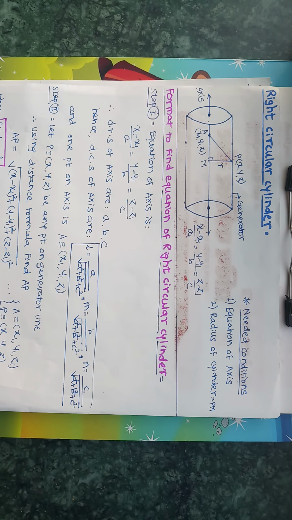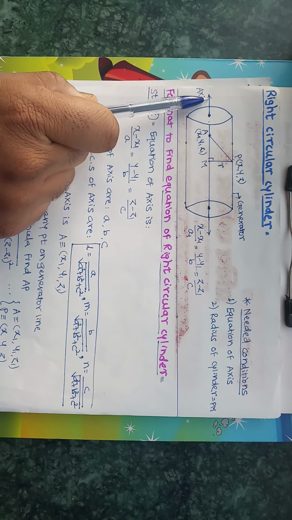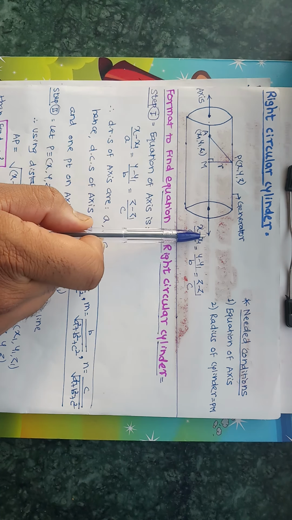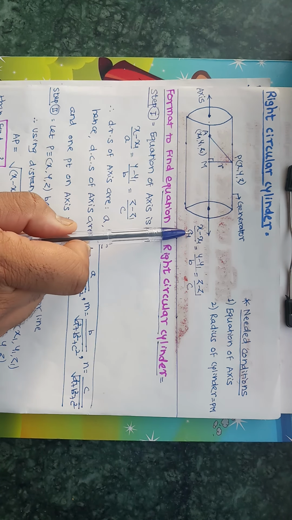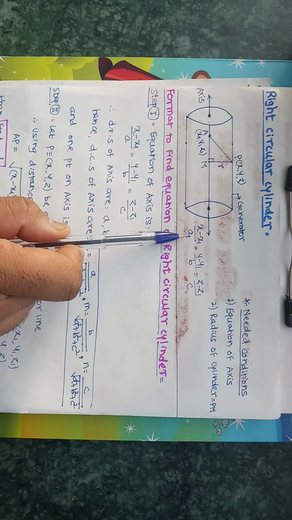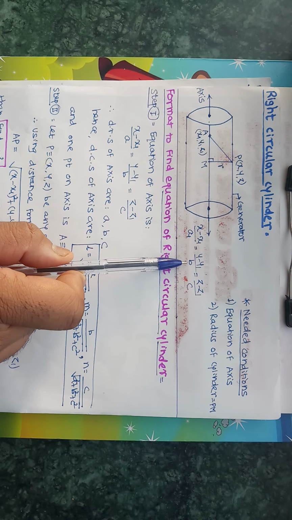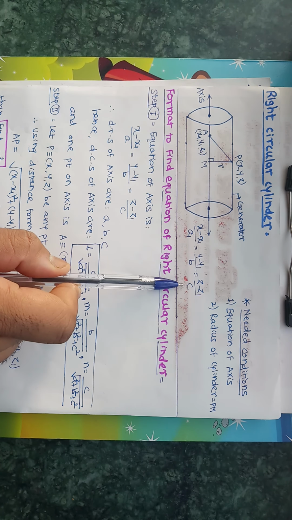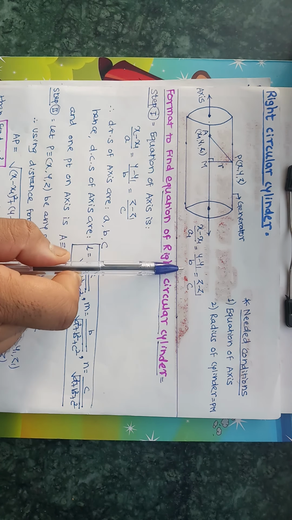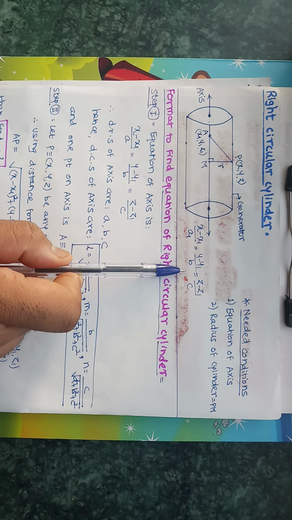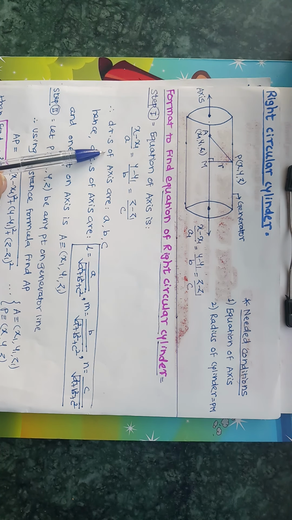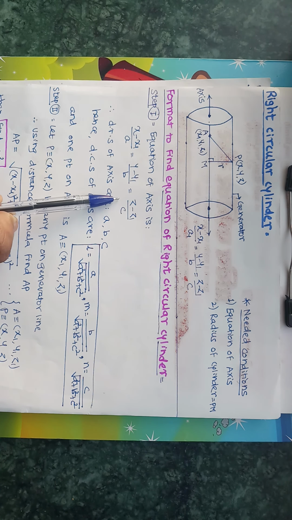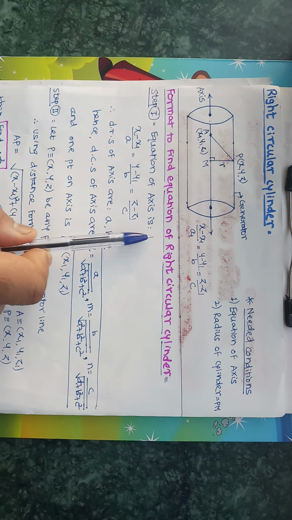This is the figure of a right circular cylinder. This is the axis of the cylinder. And what is the equation of the axis? (x minus x1) upon A, (y minus y1) upon B, (z minus z1) upon C. So these denominators A, B, C are said to be the DRs of the axis. This is the equation of the axis.